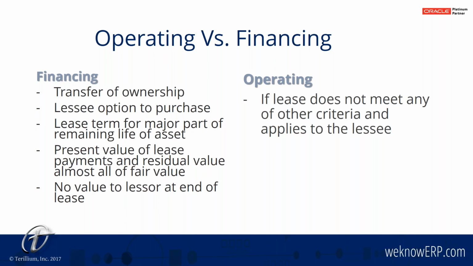And if the present value of a lease and the payments and residual value are almost all of the fair value of the asset, it would be classified as financing. And if there's no value to the lessor at the end of the lease, it would be classified as financing. And if it doesn't fit any of those criteria, then it would be classified as an operating lease.